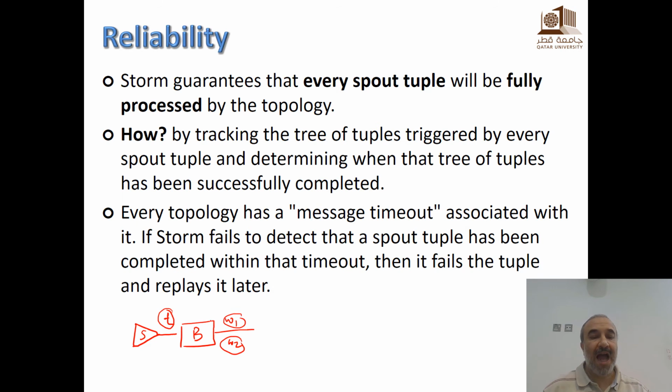Okay? Right. How is Storm making sure of this? Storm tracks the tree of tuples generated by each source tuple, which means that we'll have a tree like this: T, W1, W2.